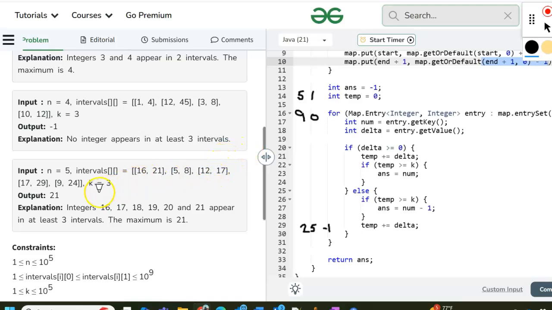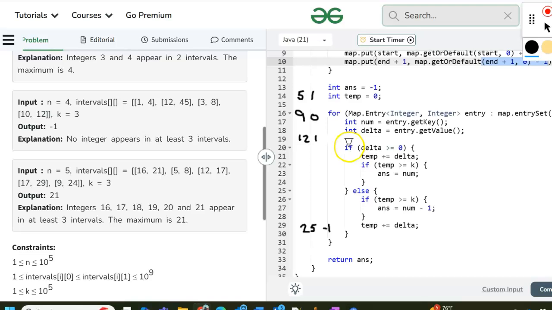What is the next one? We've got 12, we've got 17, but we've got another number in between here. So let's start with the 12. We see the 12, and 12 is going to give us a 1.